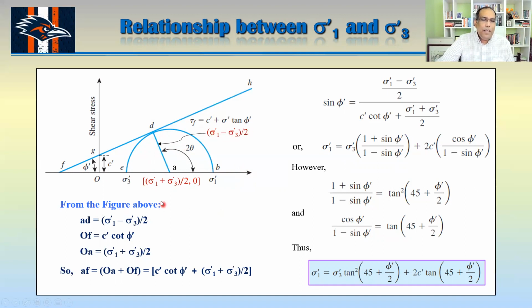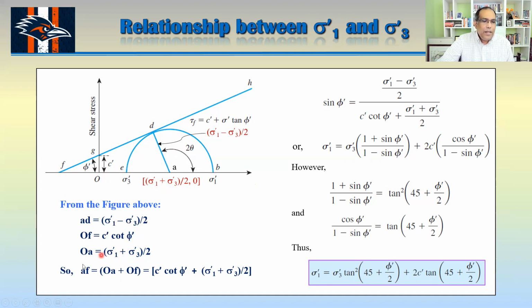Now from that figure, AD, from A to D, is basically the radius of the circle, which is sigma 1 minus sigma 3 by 2. OF, from here to here, is basically c prime cotangent phi prime. And OA is the distance from here to here, which is basically this.